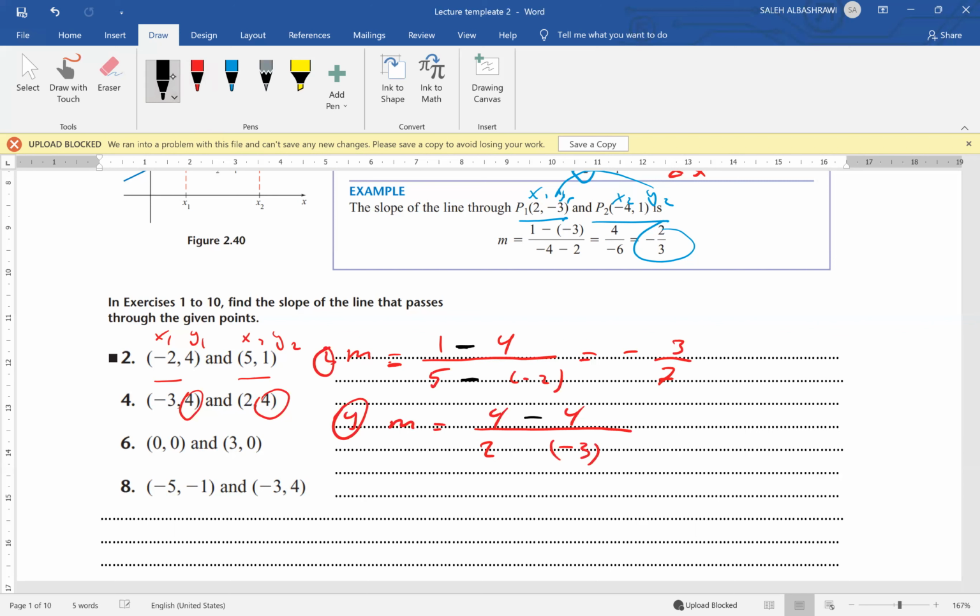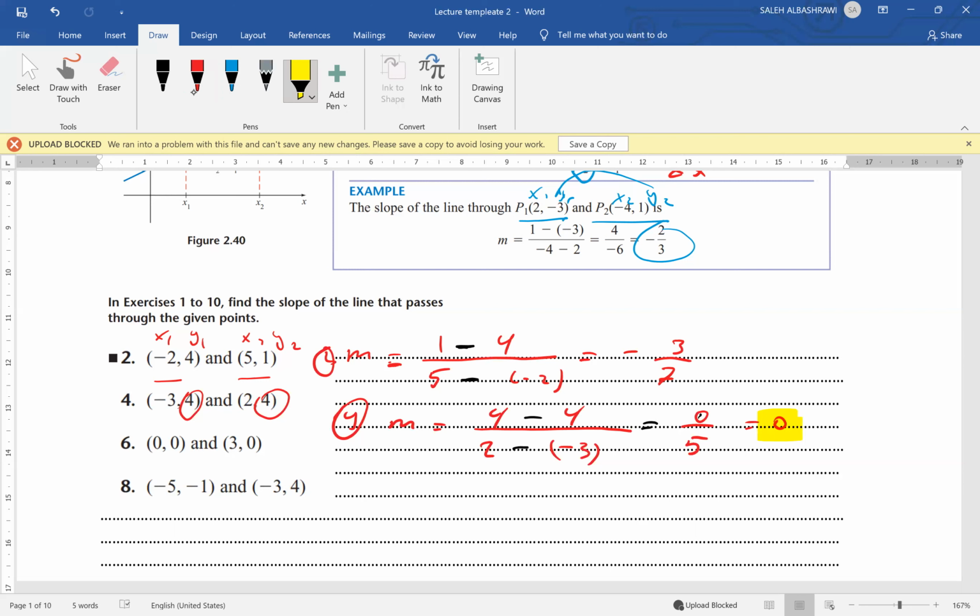So it is 4 minus 4 divided by 5. This is 0 over 5, which is equal to 0. The slope of this line is equal to 0. We are going to come back to this one after a few minutes. What do we mean by a slope of a line equal to 0? We'll come back to this one.